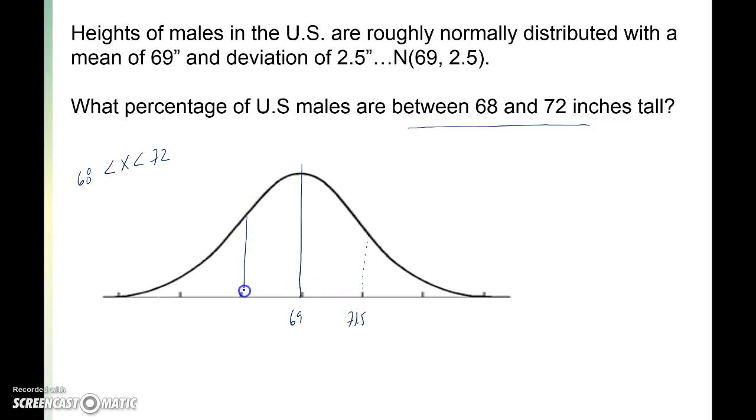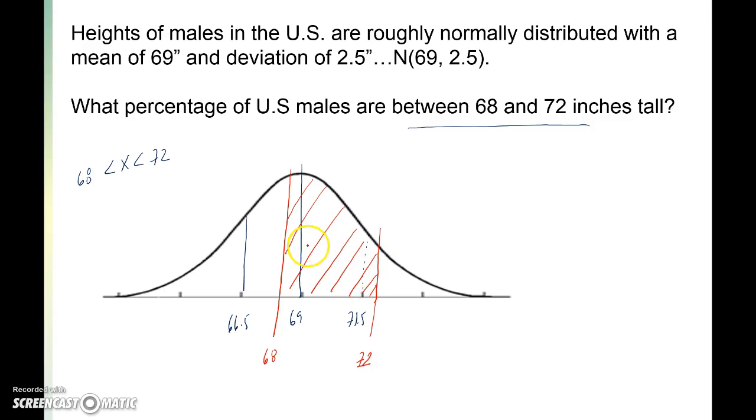I'm going to go down 1, and that's going to give me 66.5. And I am looking for the shaded area that falls from 68, which is about here, up to 72. Extend that down a little bit. This is my shaded region right in here.